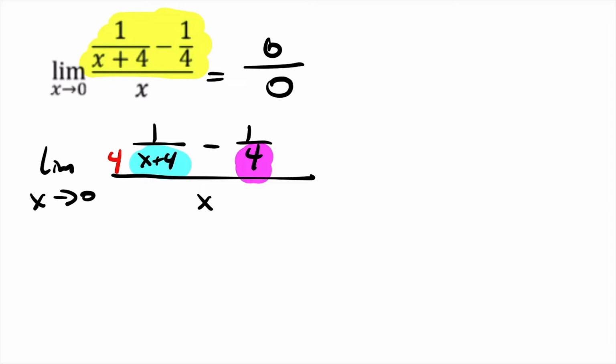The blue needs a 4. Well, you're like, wait, doesn't it have a 4? No, it doesn't. It has an x plus 4. X plus 4 is not the same as 4. X plus 4 is a number plus 4. This guy needs a number plus 4. Okay.